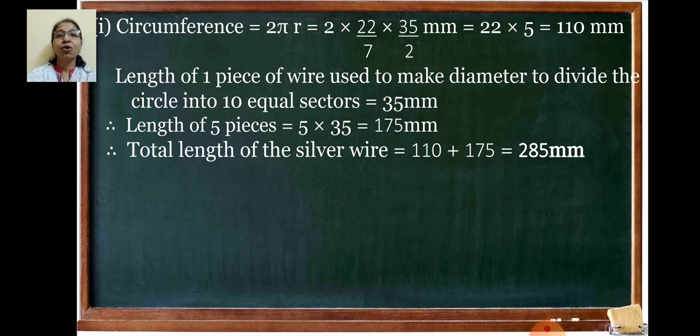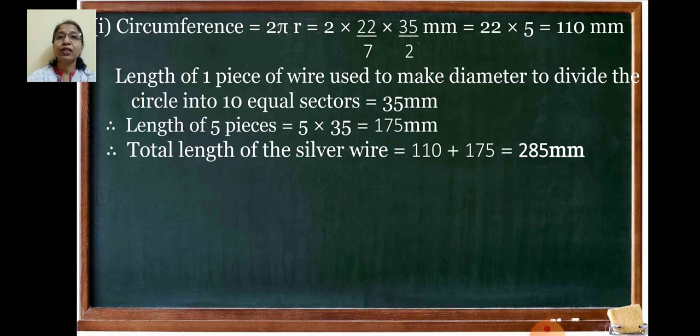Now the length of one piece of wire used to make a diameter to divide the circle into 10 equal sectors is equal to 35 millimeter. This is given to you. So therefore, length of 5 such diameters: 35 millimeter is the length of one diameter and there are 5 such diameters.